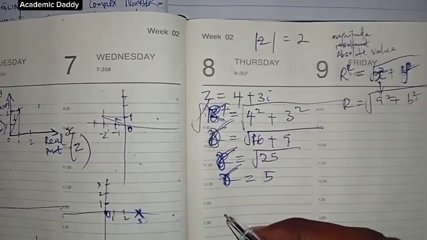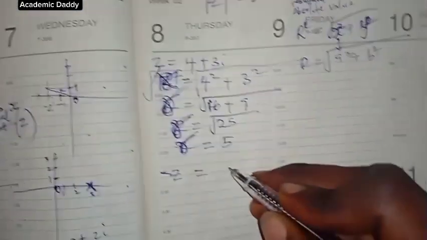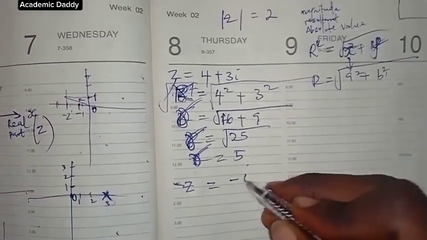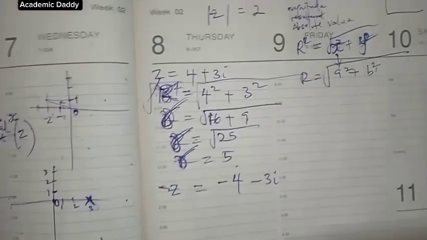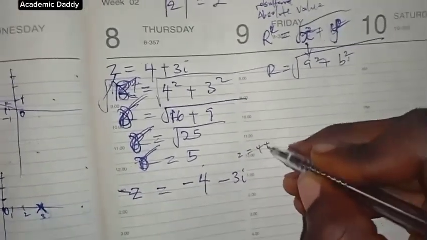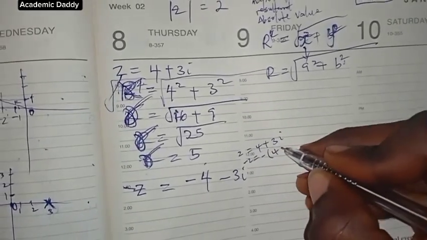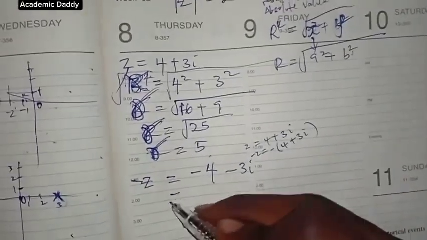Now the next thing they say we should find is of minus z, and minus z will be the same thing as saying minus everything on this. So instead of 4 plus 3i, it will be minus 4 minus 3i. So another way to see it is that since z equals 4 plus 3i, minus z will be the same thing as minus that.